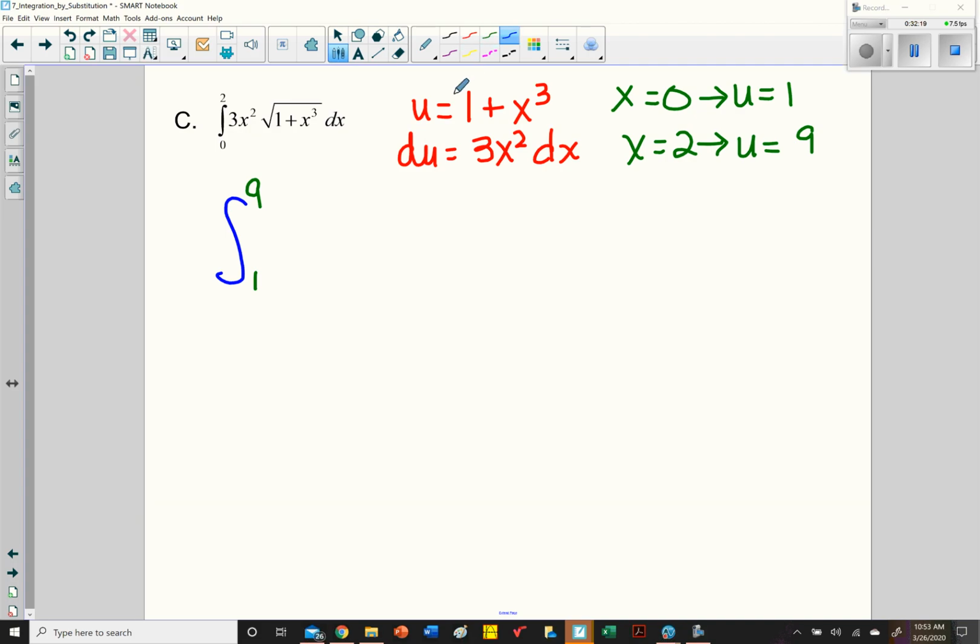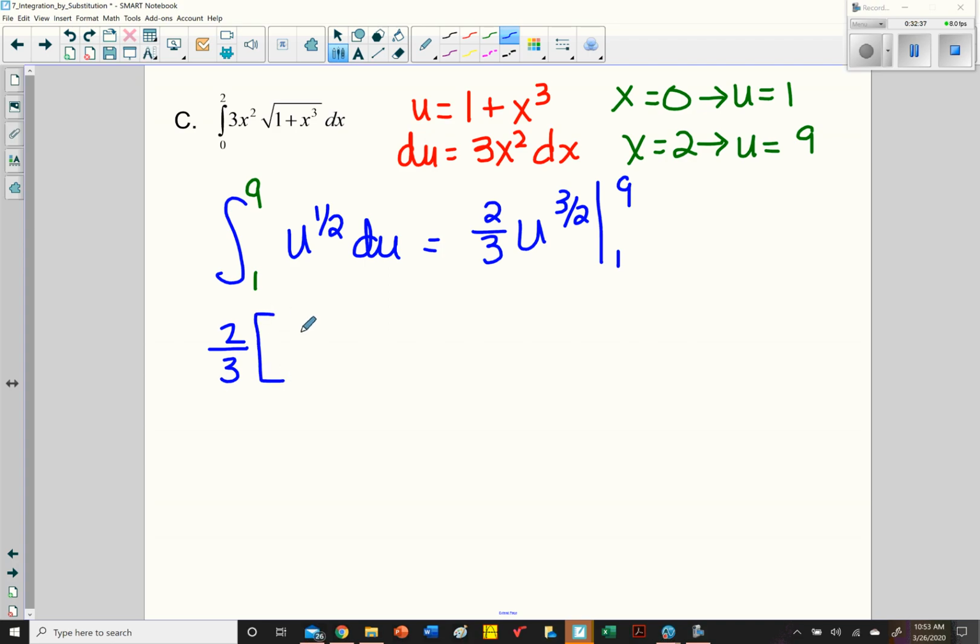And we have the square root of u in terms of u, which is u to the 3/2 times 2/3, evaluated from 1 to 9. Pull the constant out in the front, and 9 to the 3/2 minus 1 to the 3/2. The square root of 9 is 3. 3 cubed is 27.